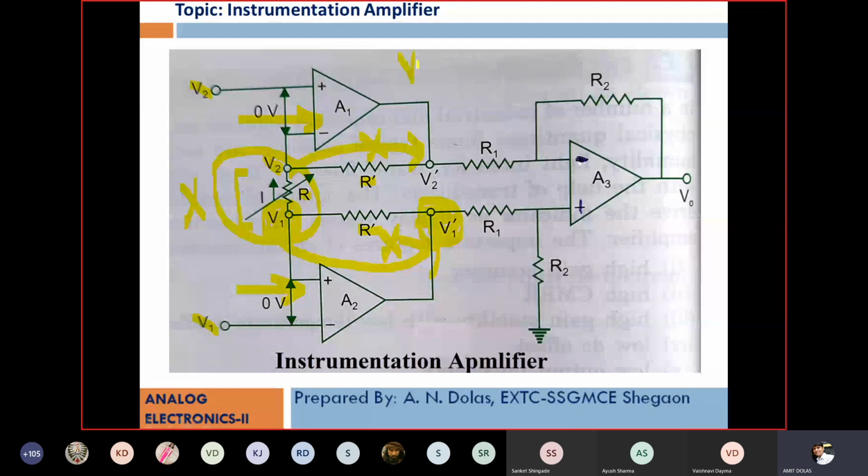So I may write here V2 dash will be equal to V2 and here V1 dash will be equal to V1. Agreed? Is it correct? Of course.